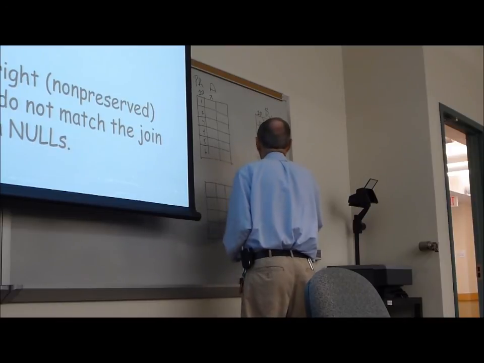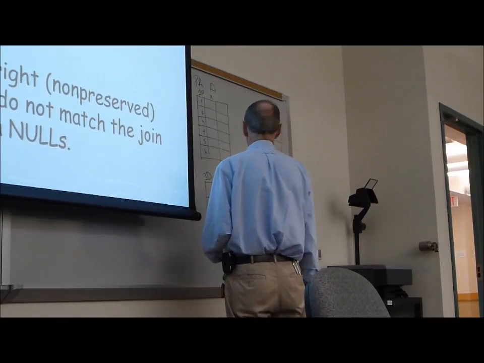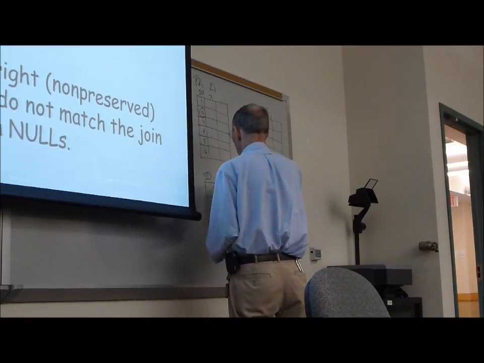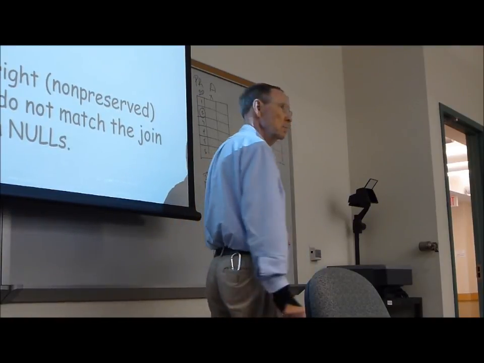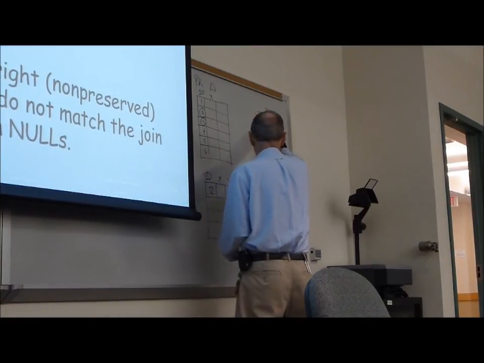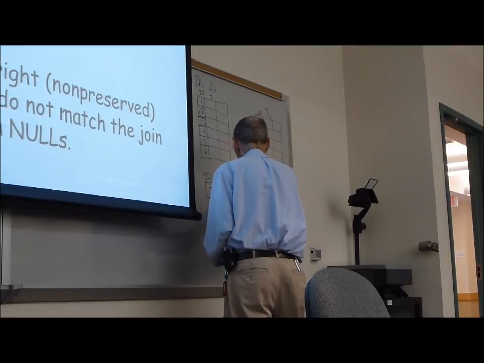I get a join on 2 and 2. So we'll have 2, and have the X information, and we got the Y information. And we got 3, with X and Y information.